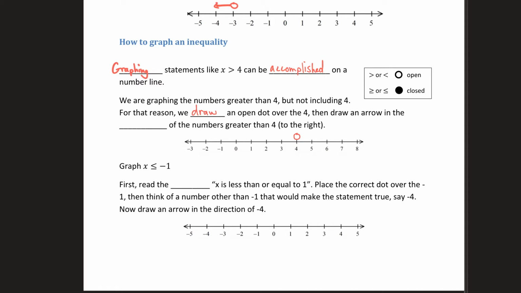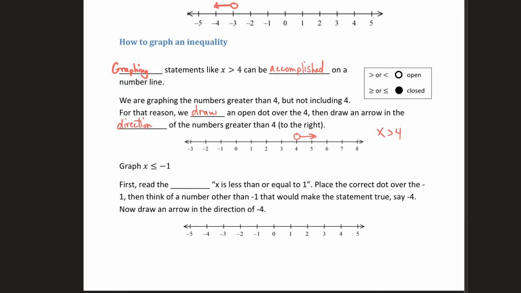Then draw an arrow in the direction of the numbers greater than 4, which is to the right. So there's 4, and the numbers greater than 4 are in that direction. Sometimes what I do is think, okay, the number's greater than 4, what number would fit?